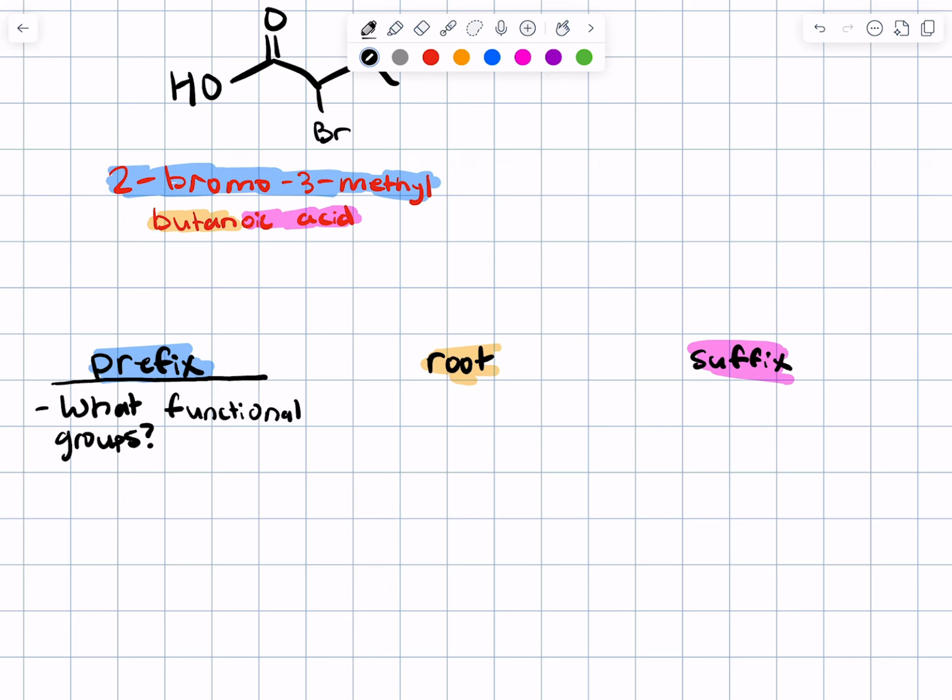So there's an interesting bromo, there's an interesting methyl somewhere in my molecule. Next it tells me where. So where are my functional groups? For my root, what that's communicating to me is my main chain.